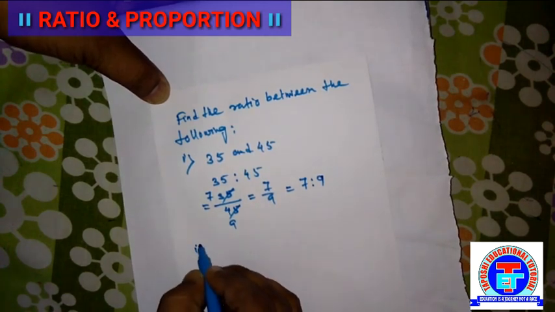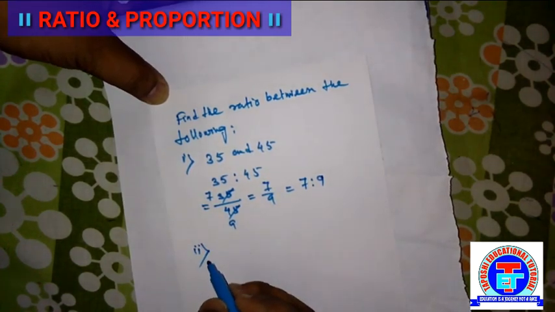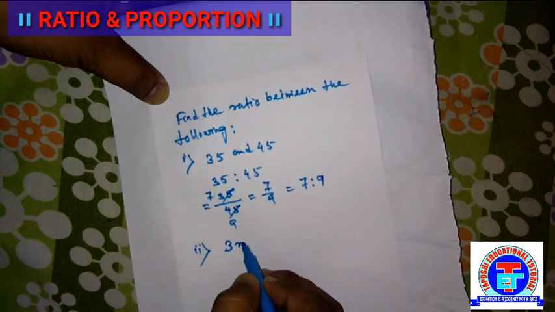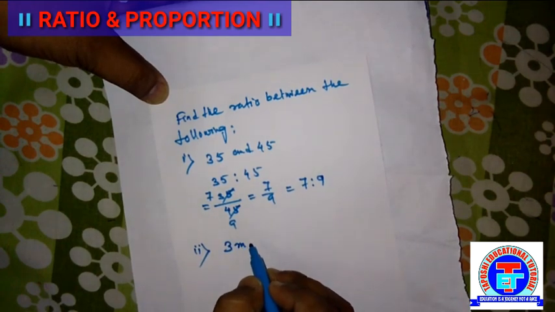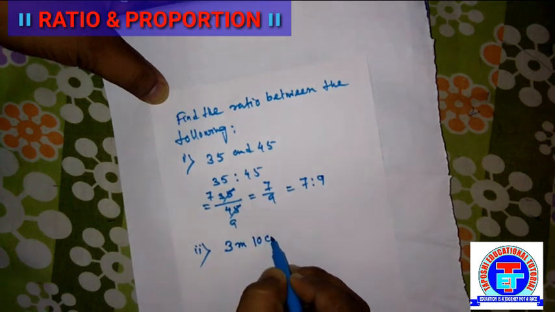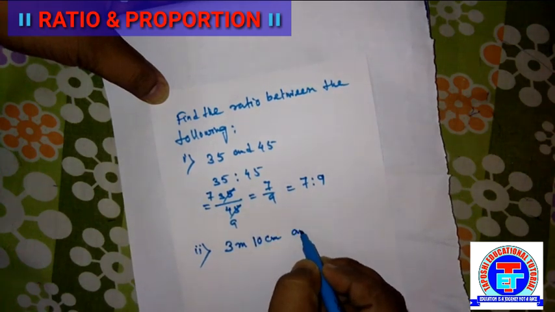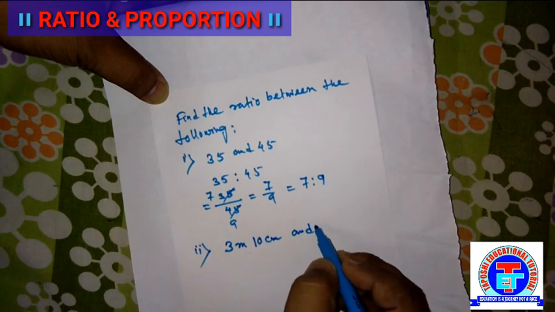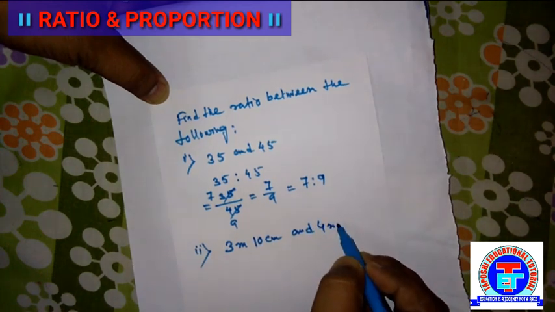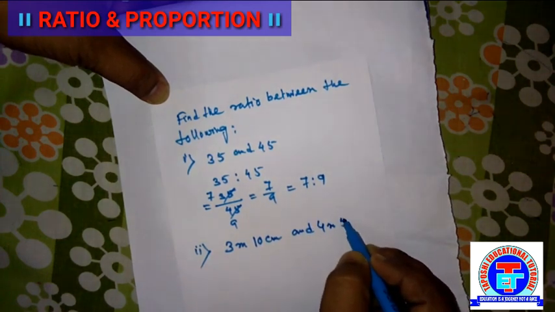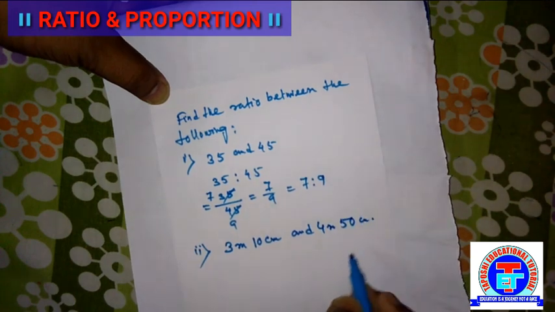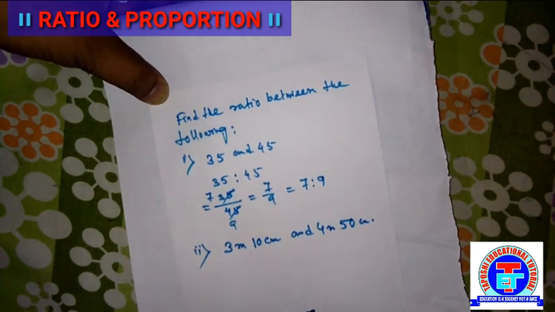Example number 2: 3 meter 10 centimeter compared with 4 meter 50 centimeter. First of all, we convert them into centimeter. It is convenient to solve this ratio.